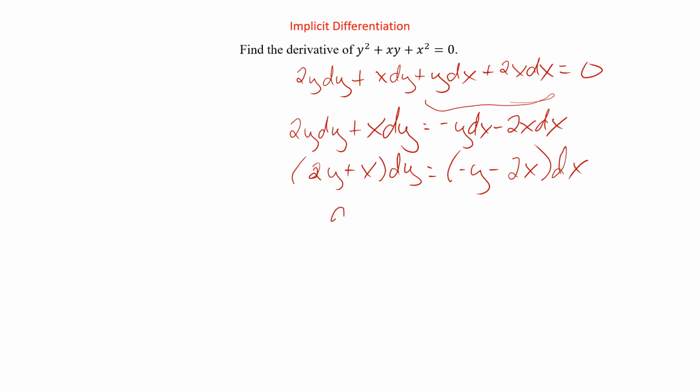Divide and divide, so we get dy over dx equals negative y minus 2x over 2y plus x. And that's the derivative of this y squared plus xy plus x squared equals 0 graph. How did you do? If you made a mistake, do you see where you made your mistake?